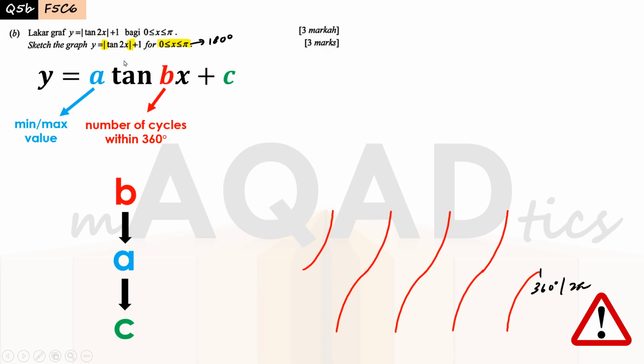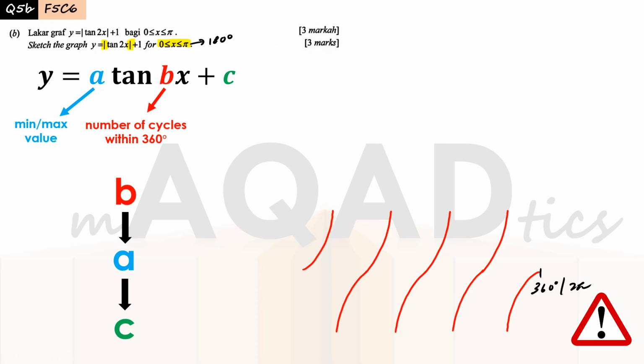If we compare to this equation here, A is 1. But the tangent graph does not have a minimum or maximum value. As you see in the graph here, this part can still extend upwards, and this part can still extend downwards. So there is no minimum or maximum value for this graph. The maximum value can be infinity, and the minimum value can be negative infinity.